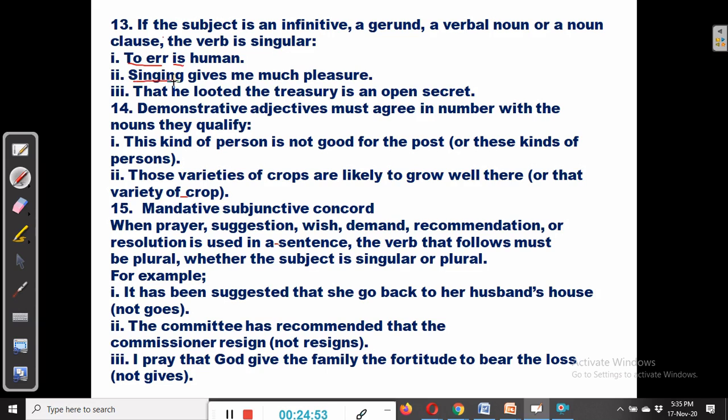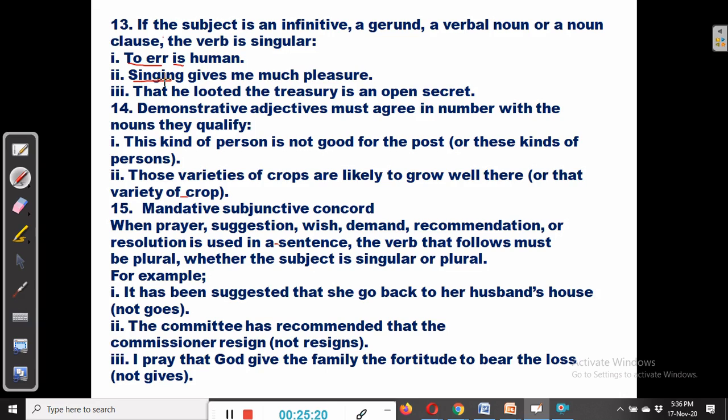Then this is another infinitive, but this infinitive has been used as a gerund here, because singing is a verb. If it is used in a compound verb such as Mary is singing, then singing becomes what we call a present participle.